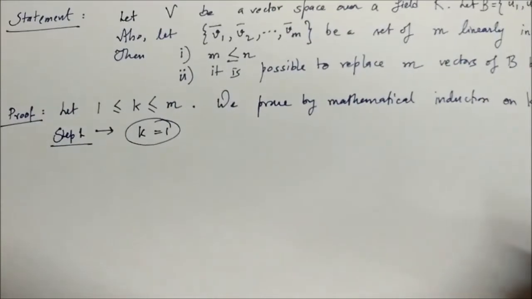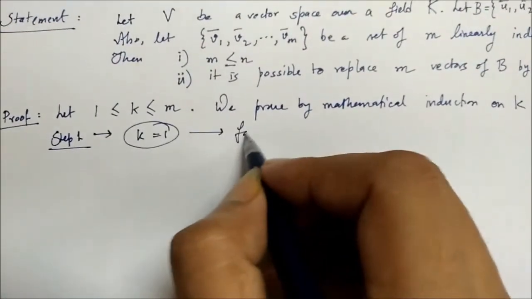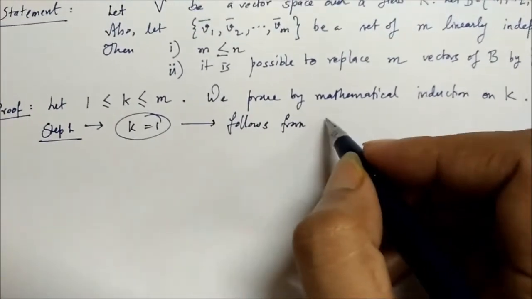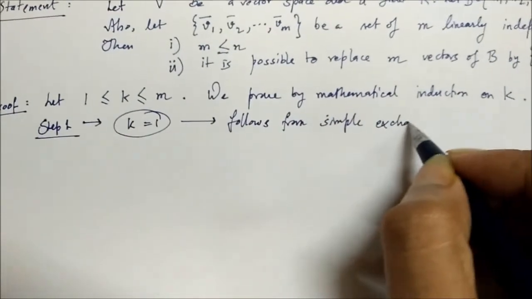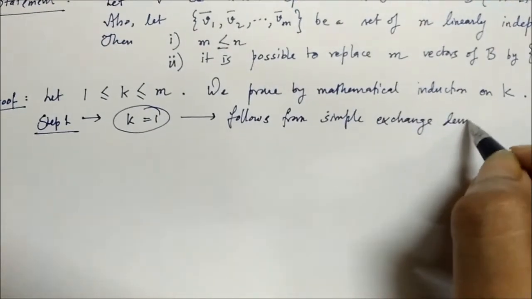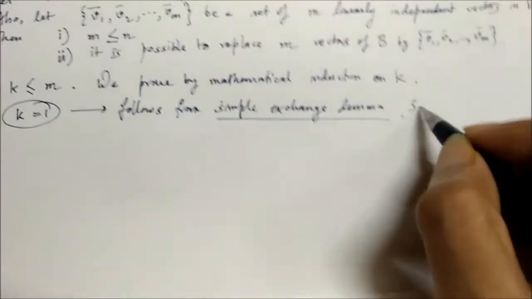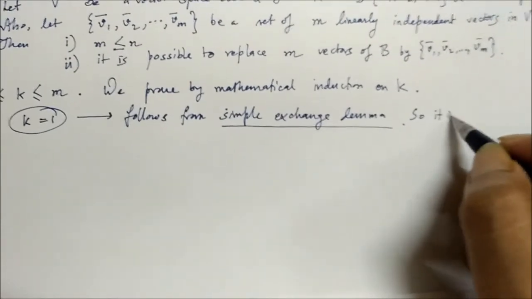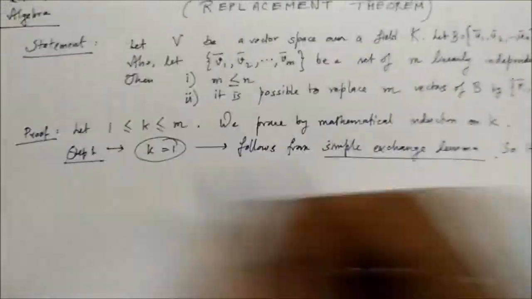Do we need any proof? Well, we have just done it, right? It follows from the simple exchange lemma, which we just proved for one vector. The result is true for k equals 1.